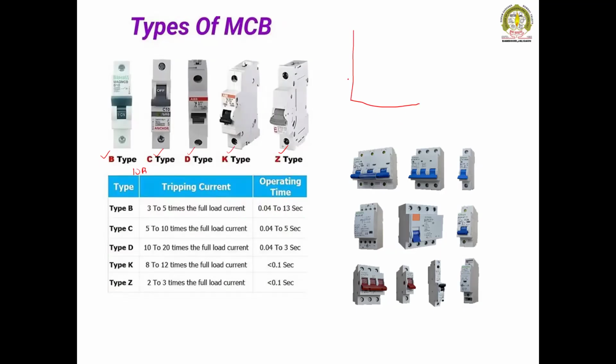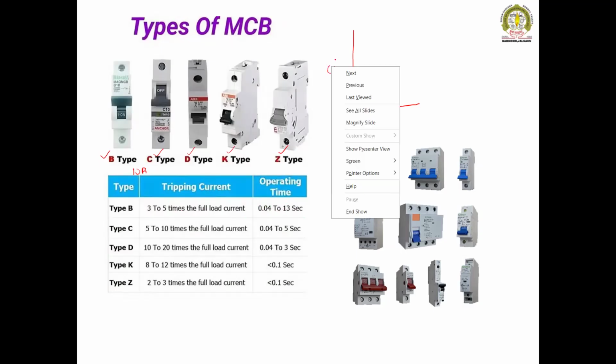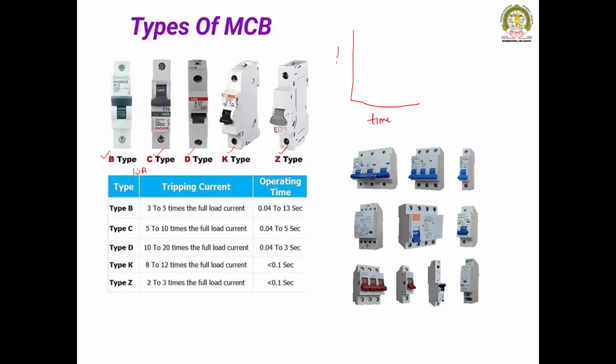So this axis is the time, and here is the current rating. The higher the current, the lower the time, and the lower the current, the more time it will take for its operation or tripping time. Class C MCB is 5 to 10 times, 0.04 to 5 seconds.